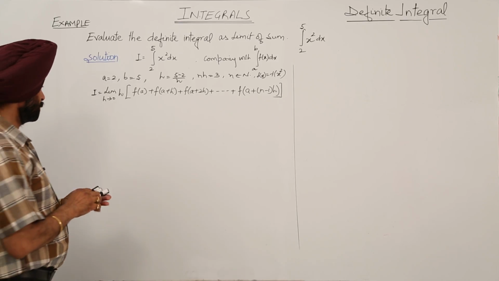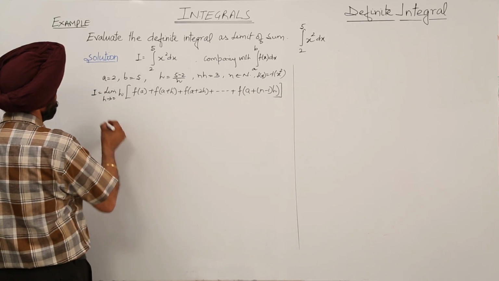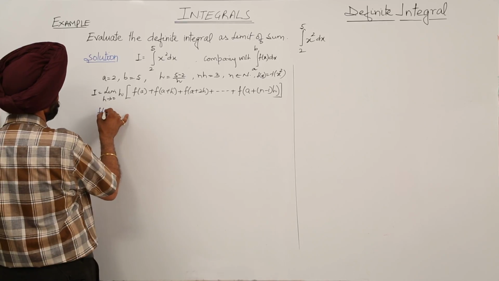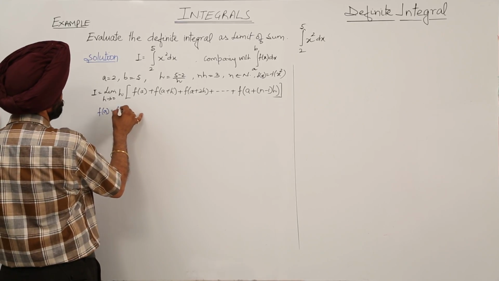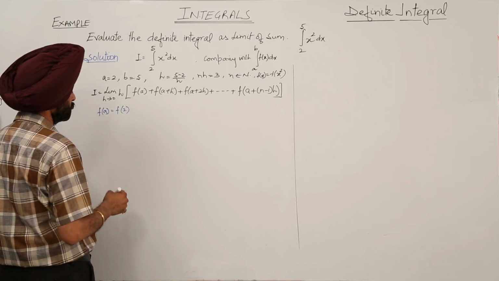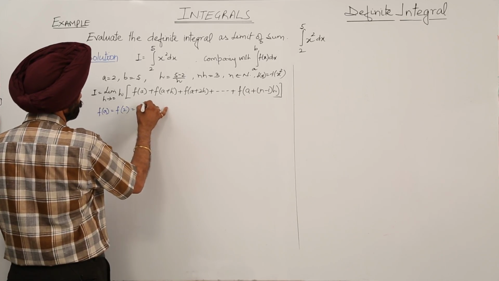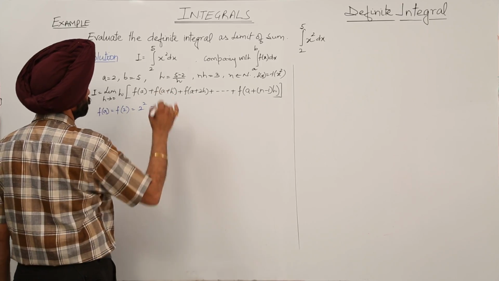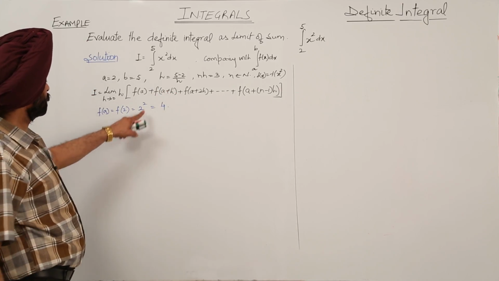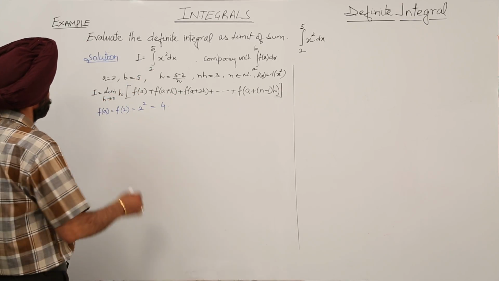Now individually solving. Now we are having f(a), this is equal to f(2), which is 2 square, that is 4, because we are putting it in x square.